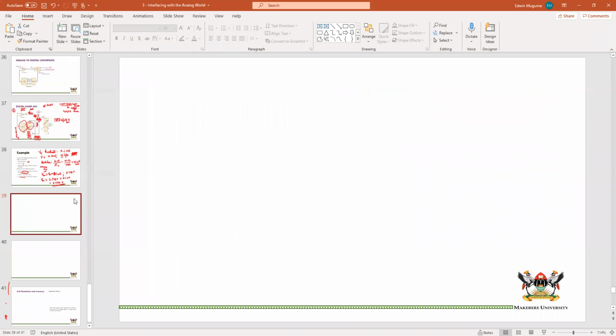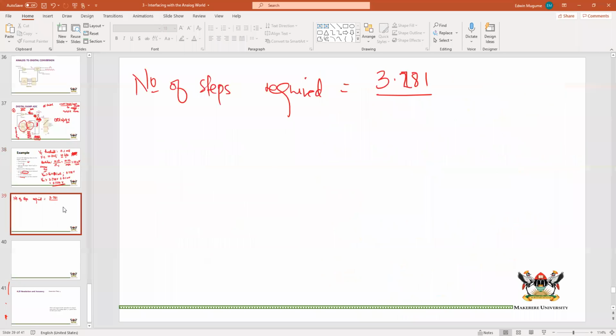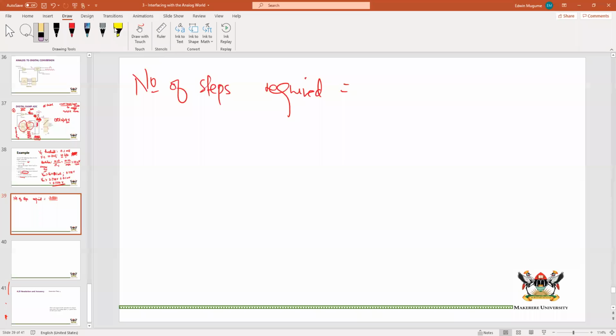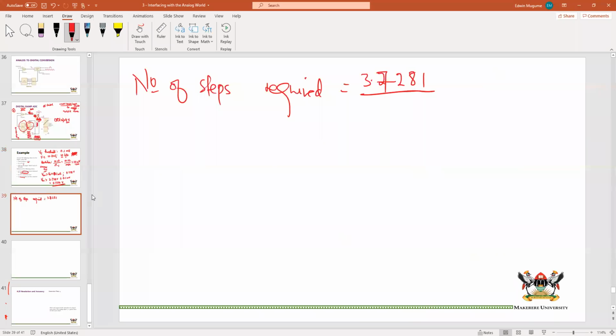So now, for us to get the number of steps required, we are going to take the analog signal we want to obtain, which is 3.7281, I believe, over the step size, because we want to get the number of steps.